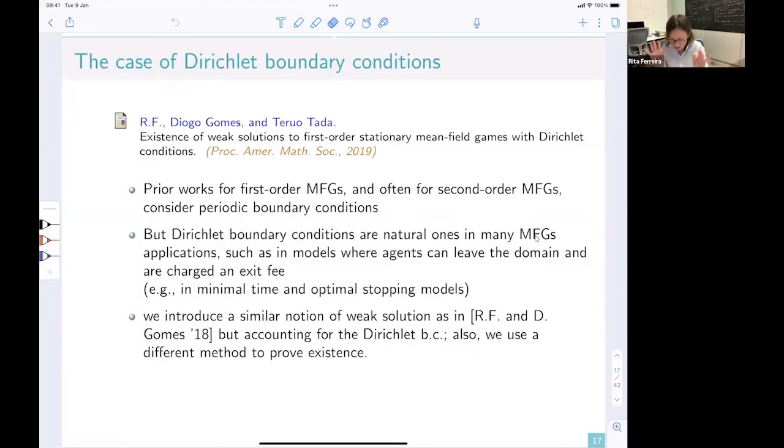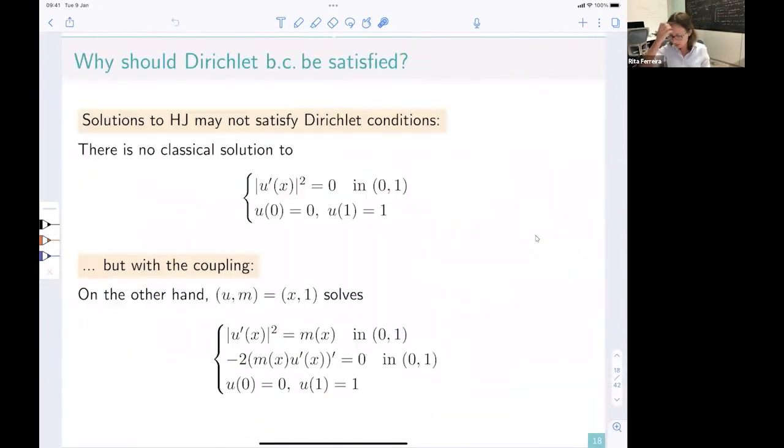So here it is just a very, very brief overview of these Dirichlet boundary conditions. And the reason why I would like to say this is that people that are used to work with Hamilton-Jacobi equations may object a bit with this, saying, but why should I expect Dirichlet boundary conditions to be satisfied?